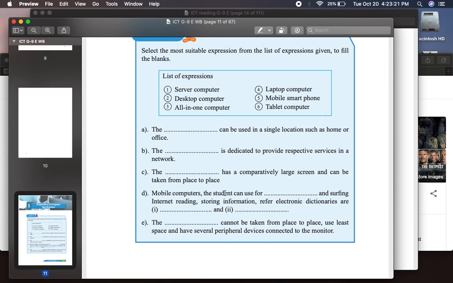So what I would suggest is a tablet computer for D1 and a laptop computer. But remember that if you have a good smartphone or a good tablet computer, you can use those to do these kind of things as well.